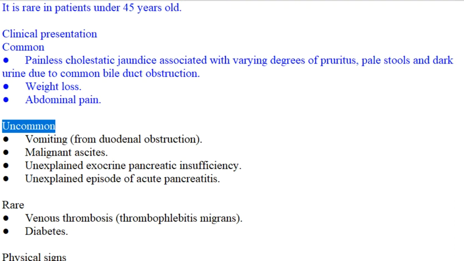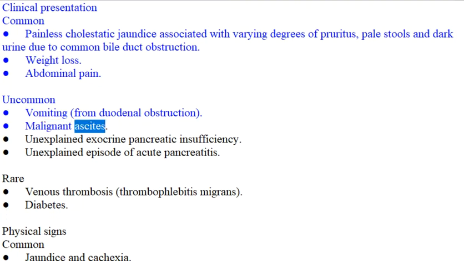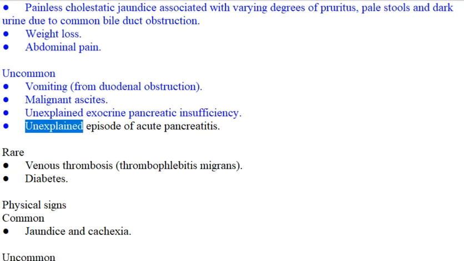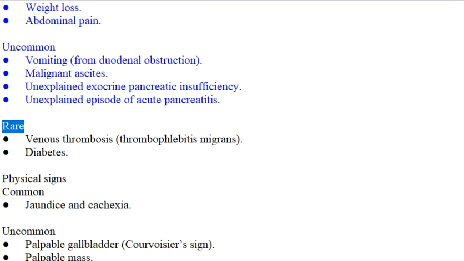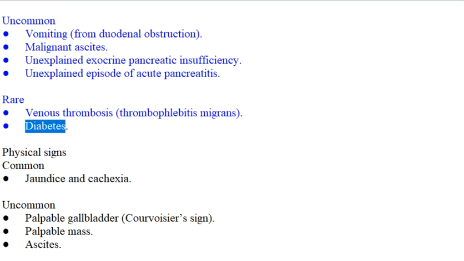Uncommon: vomiting, from duodenal obstruction; malignant ascites; unexplained exocrine pancreatic insufficiency; unexplained episode of acute pancreatitis. Rare: venous thrombosis, thrombophlebitis migrans; diabetes.